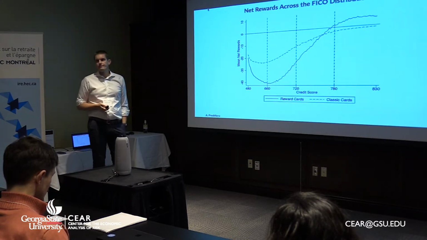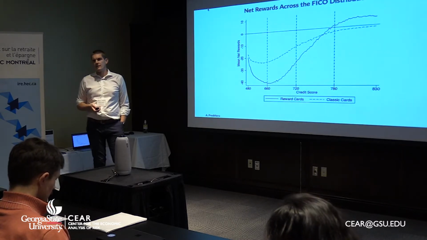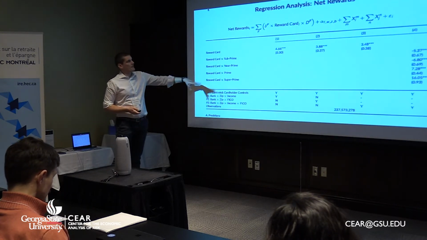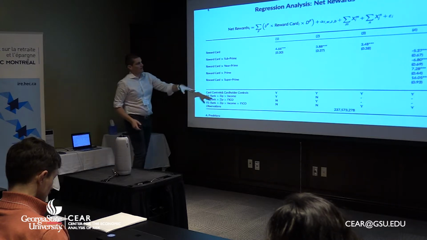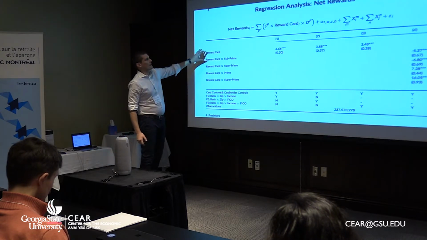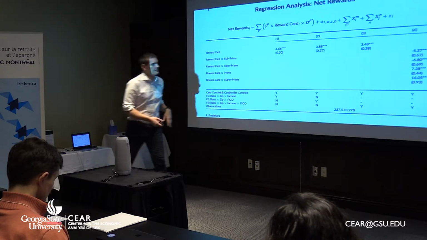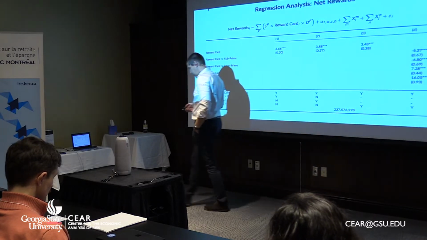Last thing, sorry: the total costs, are the majority of these zero, or do you see variation in that too? No, there is variation. Okay. So this is all descriptive. We do a regression. This is the question I showed you before, with a different set of fixed effects. Basically, if you have a reward card, on average you have higher net rewards. What is interesting is the split across the FICO buckets.